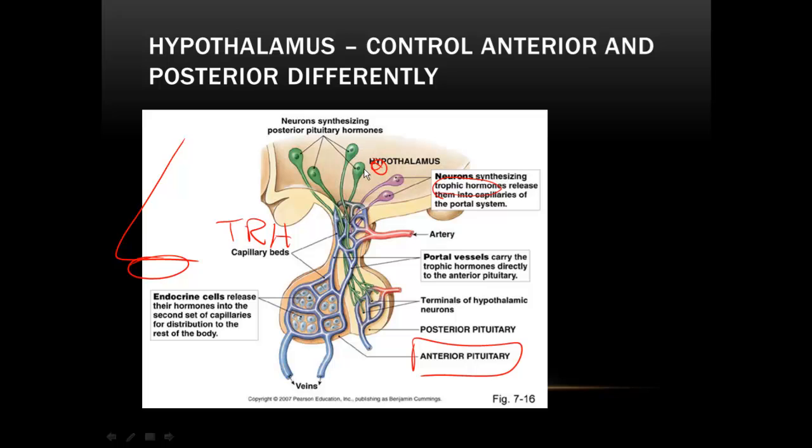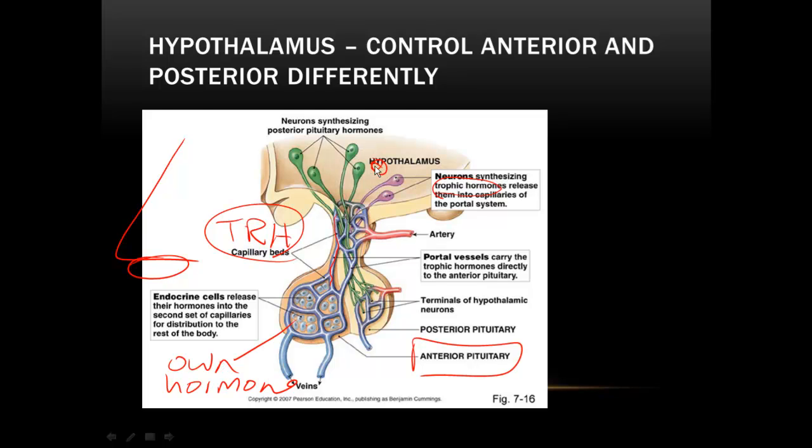The hypothalamus will release these hormones, and they will travel through the bloodstream into the anterior pituitary. The anterior pituitary makes its own hormones. So it is controlled by hormones that the hypothalamus makes and releases into the bloodstream, which tell the anterior pituitary to release the hormones that it synthesizes for its very own self.